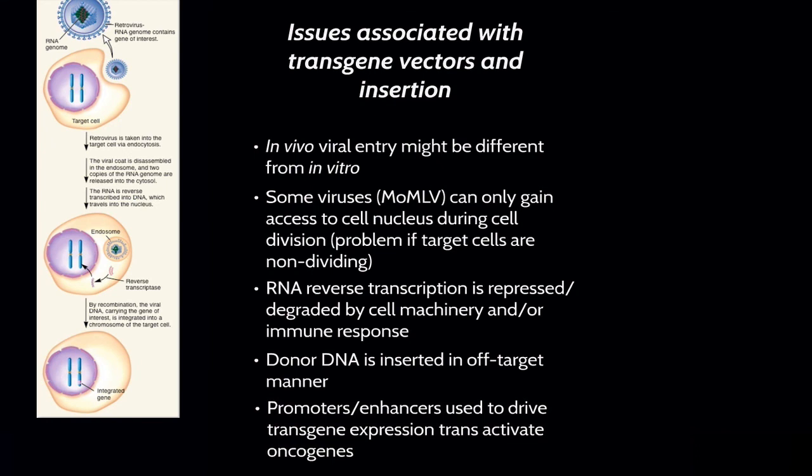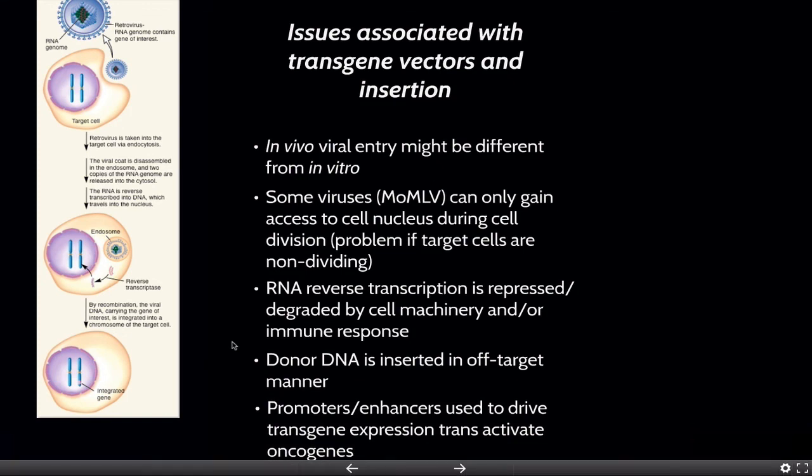So not only could they insert into a gene, causing a mutation that might ultimately result in cancer or an increased probability of cancer, but you could also land amid genes and overexpress them, and that overexpression itself could trigger cancer as well. Okay, so these two are kind of like a double whammy of bad news for these vectors.